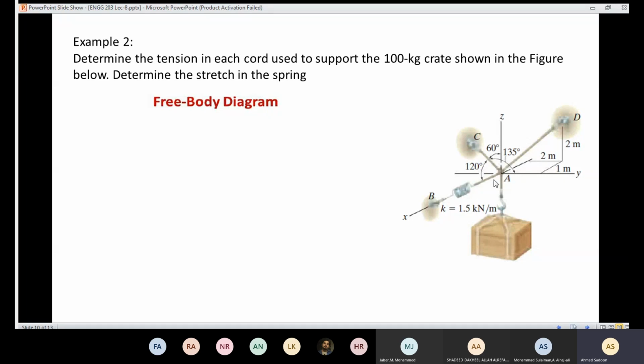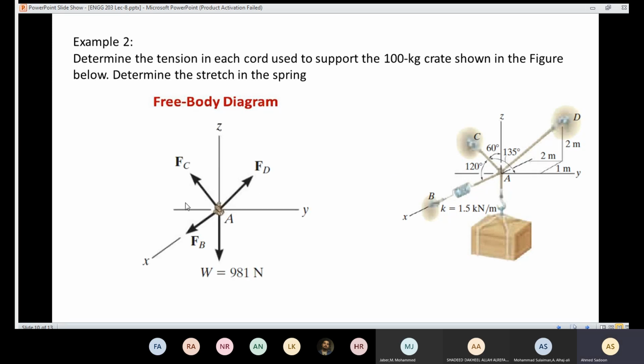If I isolate the knot A from the surroundings, I'm going to see that I have a force acting down due to the weight of that box. And I'm going to have a tension in the cable AB, tension in AC, and tension in AD. So the free body diagram is going to look like that. I have weight down, and I have FD, and I have FB, and I have FC.